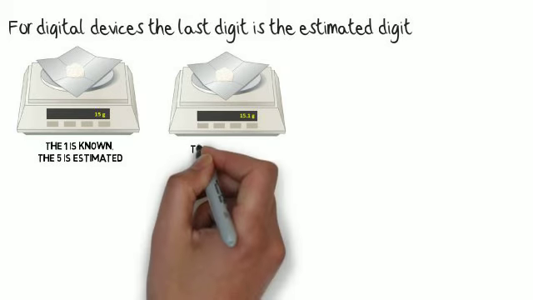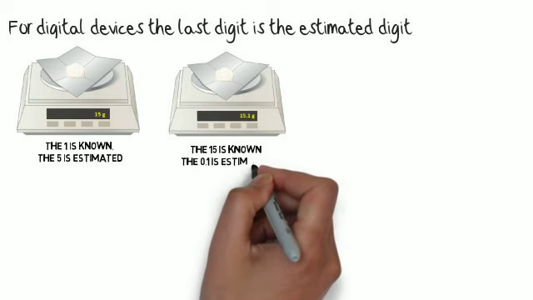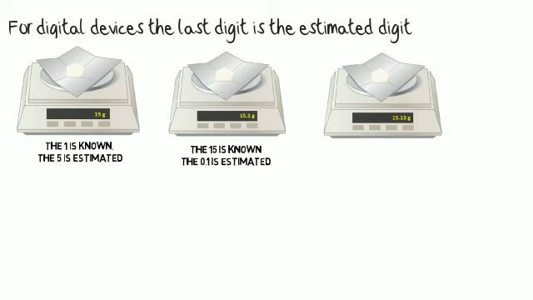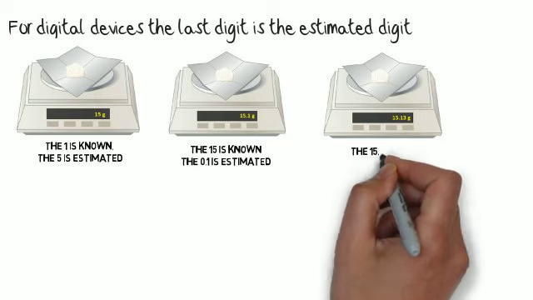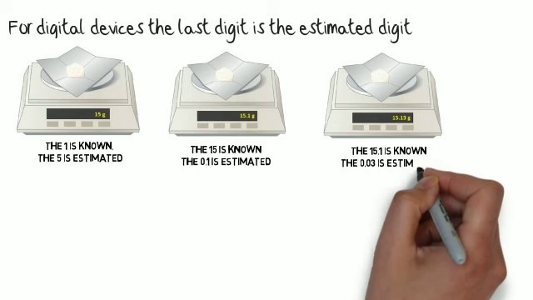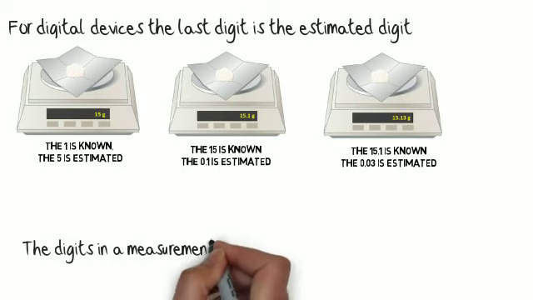Whereas in this balance, which is a little bit better balance, the 15 is known, but the 0.1 is estimated. And then in this third balance here, the 15.1 is known, but the 0.03 is estimated. As the devices get more and more precise, our measurements get more precise.